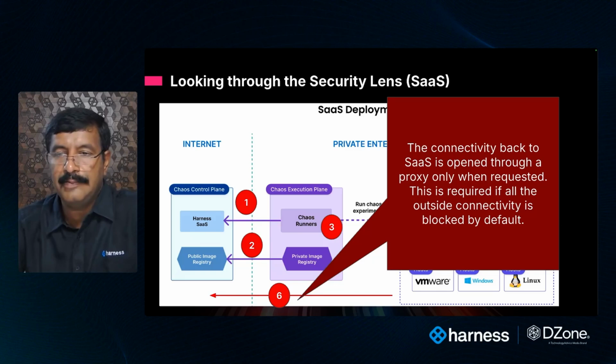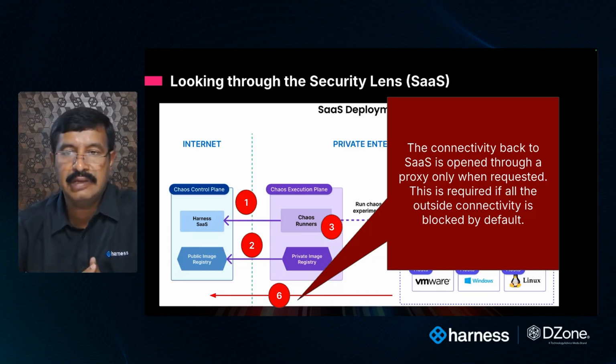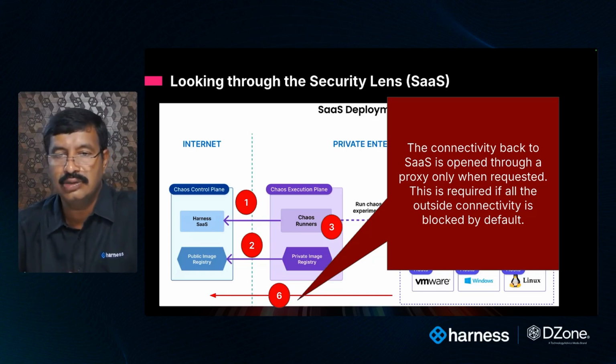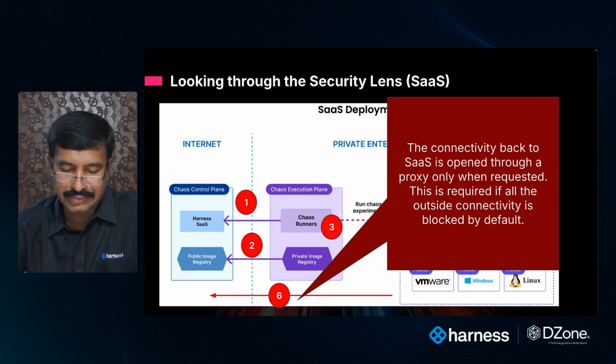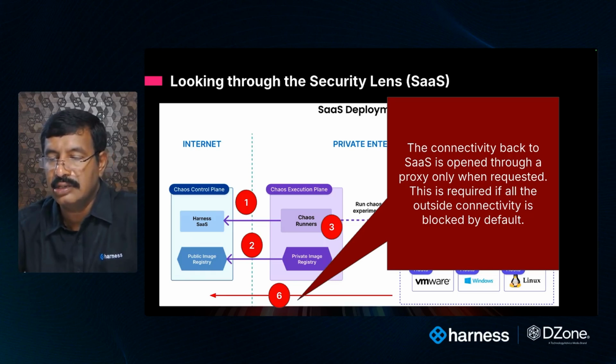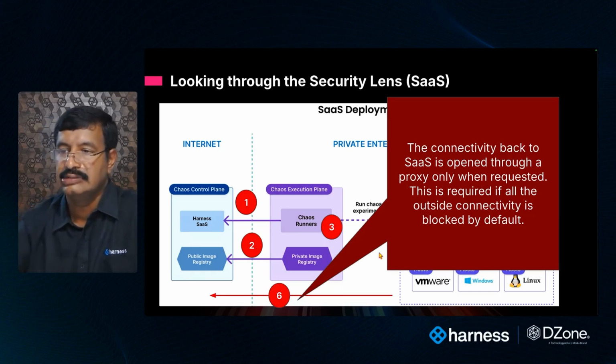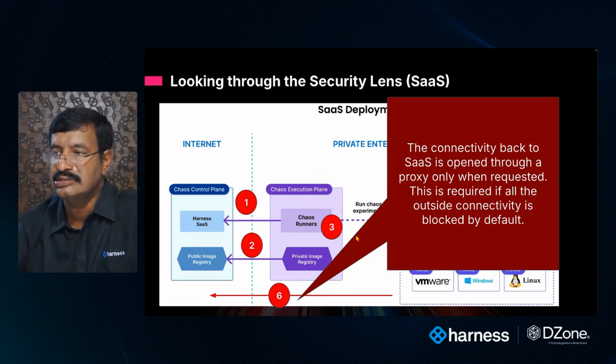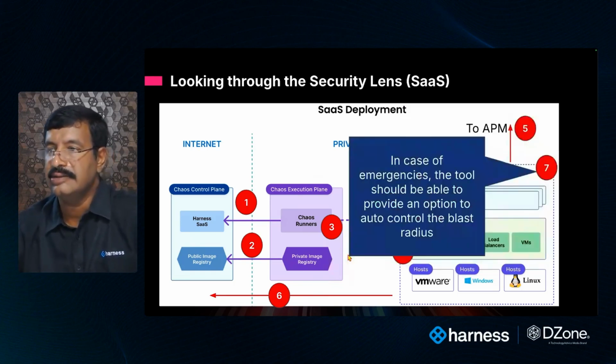Otherwise, you'll end up having chaos experimentation capability only in certain parts of your enterprise, not in your core systems that may be deployed deep into your enterprise and can be connected only through a proxy. So make sure that this proxy configuration capability is there.